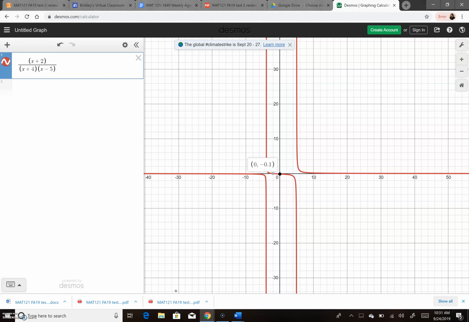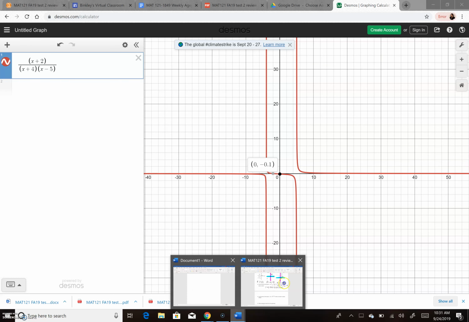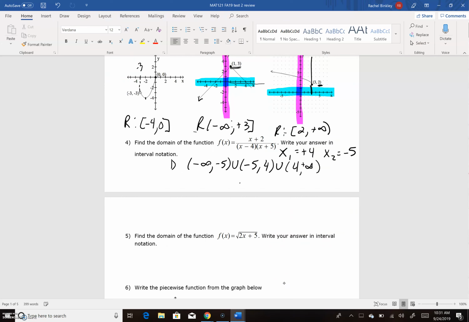Our y value looks like it can be from -infinity to +infinity. So if that was our domain, our range is going to be -infinity to +infinity.